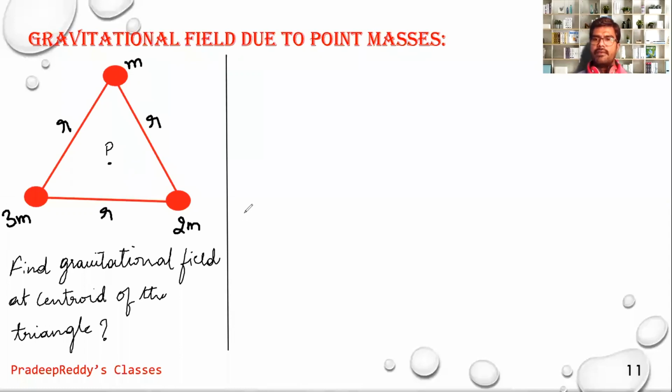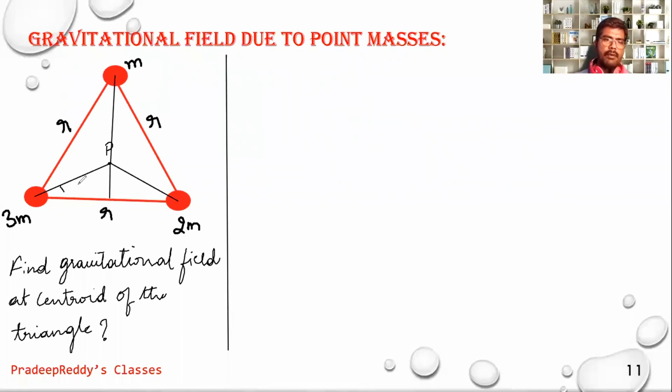You should calculate the gravitational field due to these 3 masses experienced at the centroid. So for that, first let me calculate the centroid distance. This is the distance of the centroid from the 3 masses. Okay, now I am considering this right angle triangle.